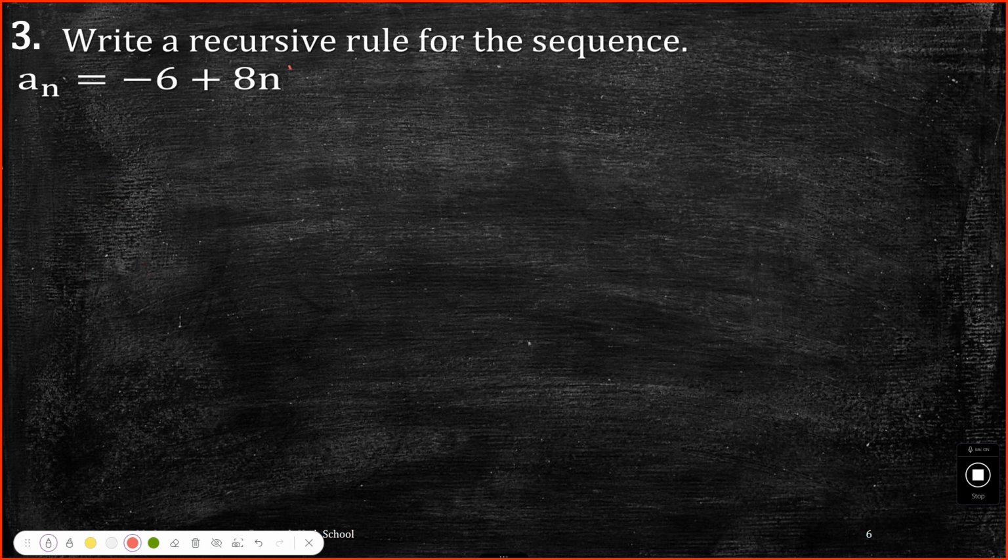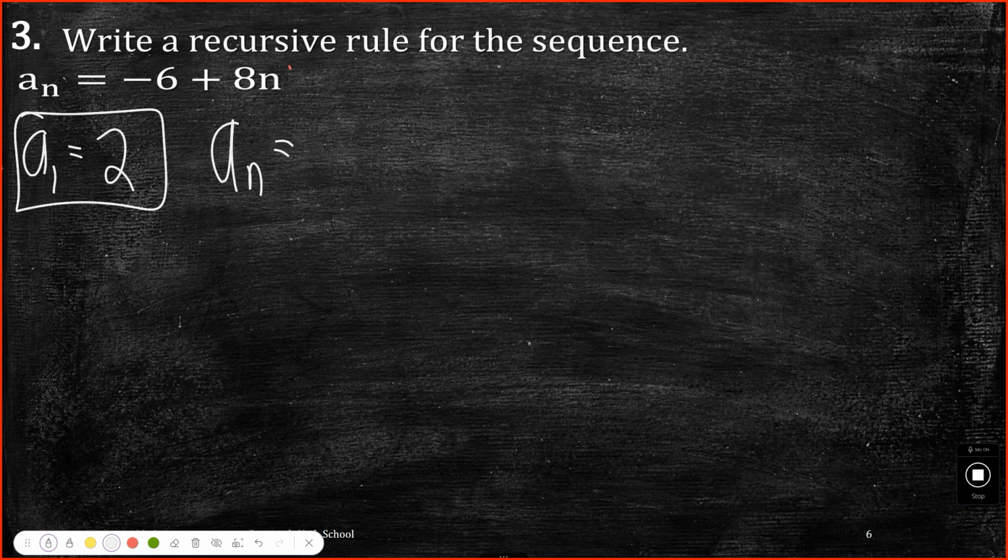So if it is arithmetic, A1 is what? A1 is 2, because we already got it. And then the skeleton is what? A sub n equals what? A sub n minus 1 plus, what do we plug in for the common difference? The common difference was 8. And we're done.